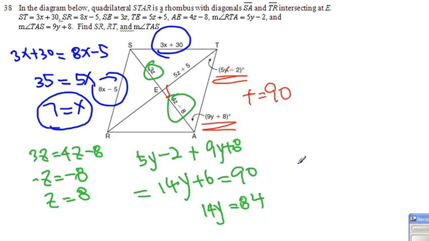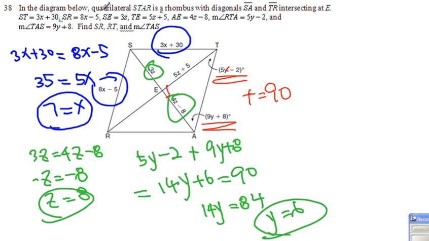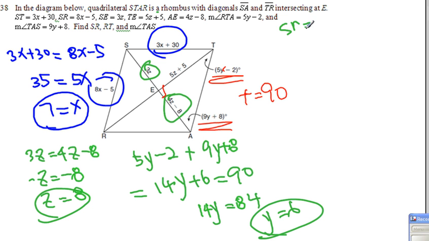By dividing by 14, we realize y must be equal to 6. But what they're looking for is SR. SR, that means we just have to plug in 7 in place of x. So here SR must be equal to 8 times 7 minus 5, which is equal to 51.